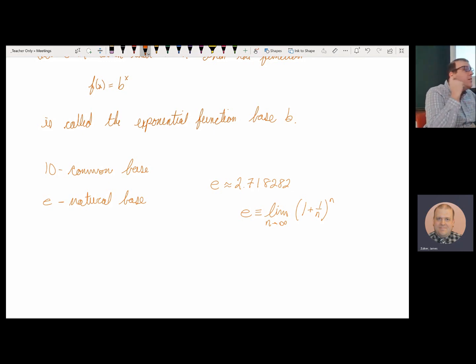Then of course we have base 2, the binary for computers. Another common one in computers is base 16, hexadecimal.